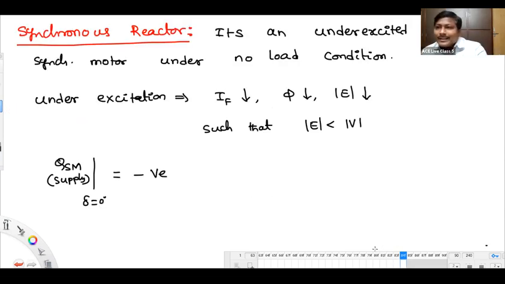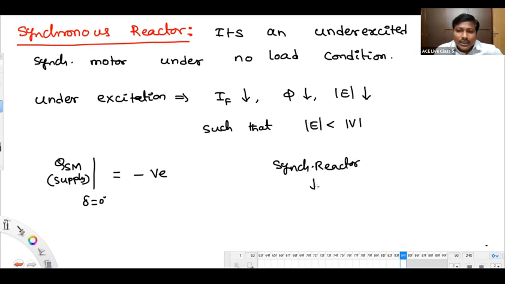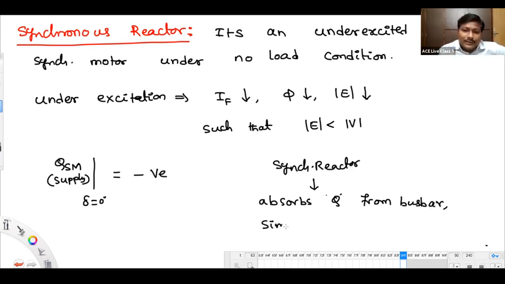A negative number in the sense that this synchronous reactor is going to absorb reactive power Q from the bus bar or from the system, similar to a shunt reactor bank.